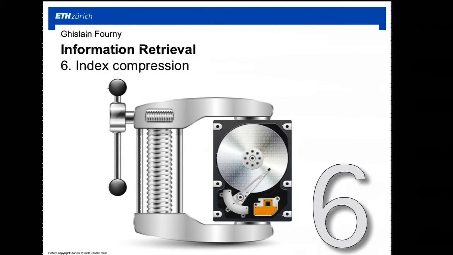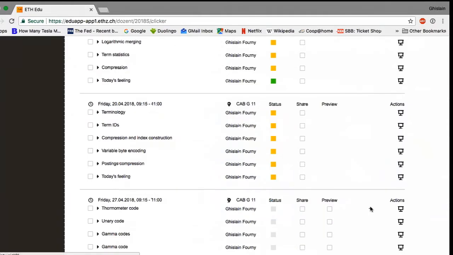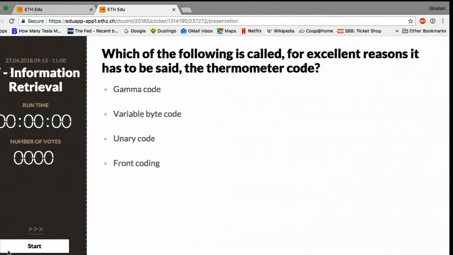So I have a couple of questions in order to reactivate the knowledge that we introduced last time. I'm going to just fire them at you. First, you probably remember that one of the encodings was called the thermometer code, for a very good reason, it has to be said.